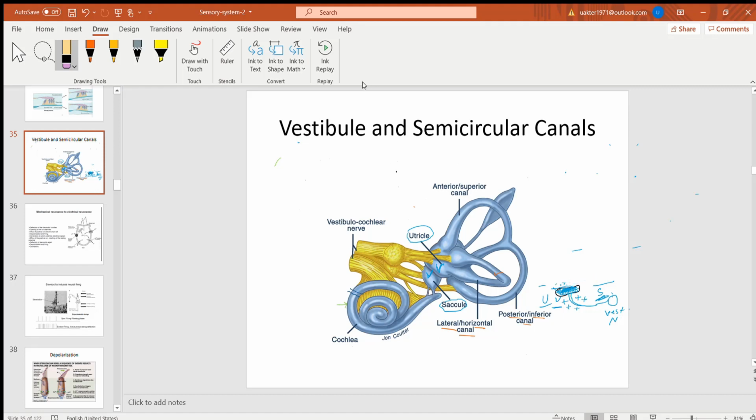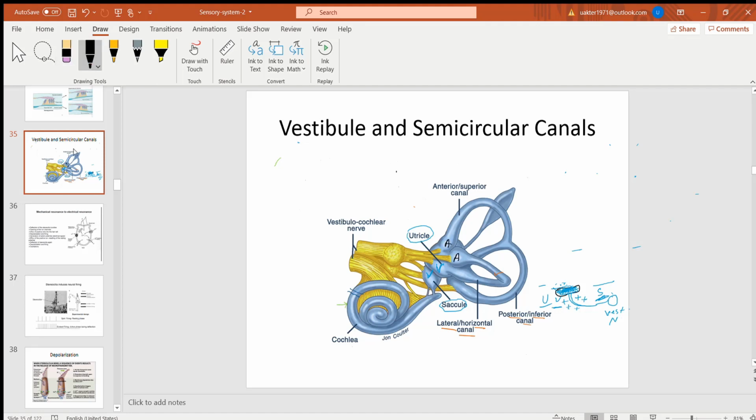Okay, now if you see the beginning of the semicircular canals, they start from the vestibule, and that area is a little bit wider or dilated. That is called the ampulla. Okay, so the first part is slightly wider or dilated, and that is the ampulla of the semicircular canal.